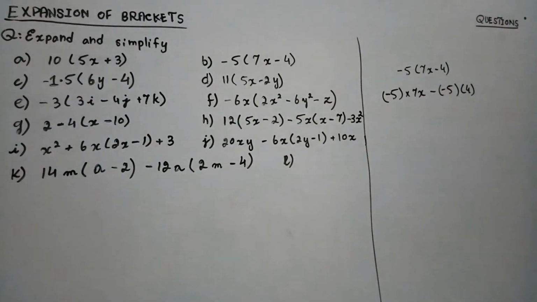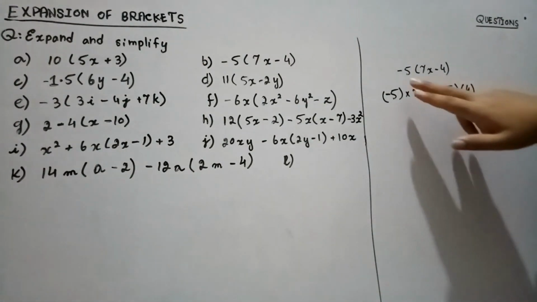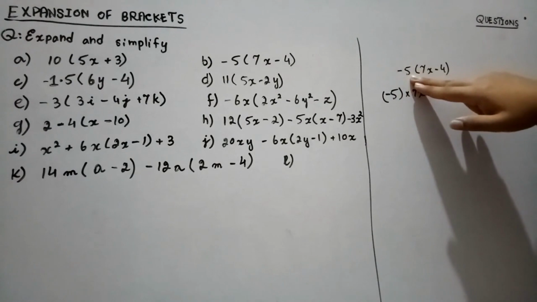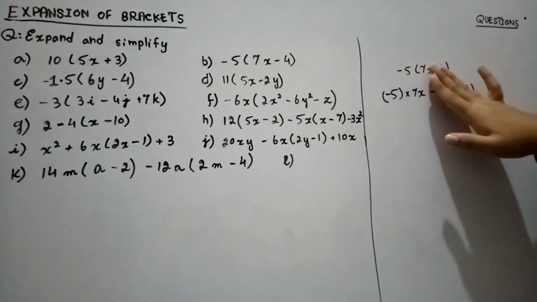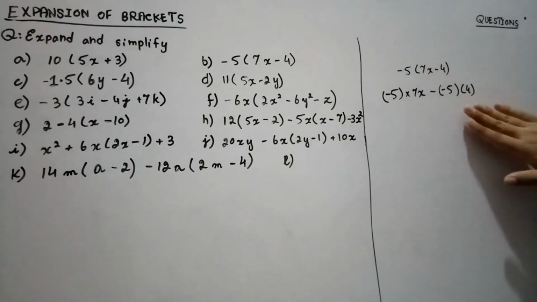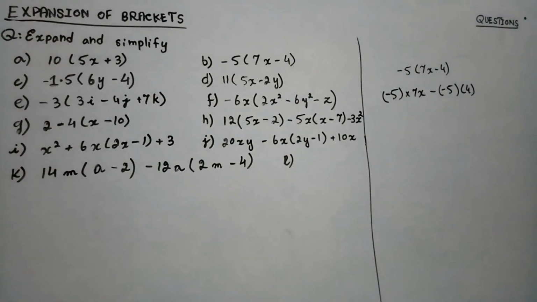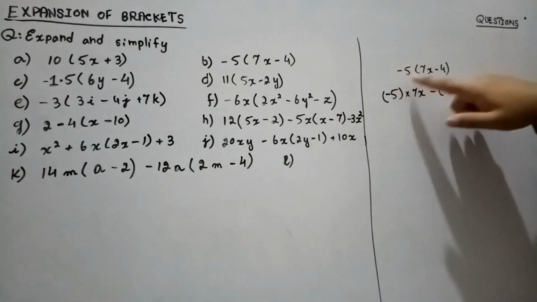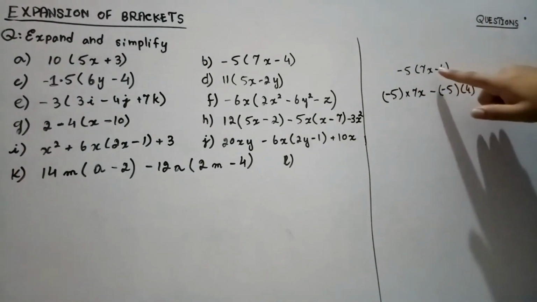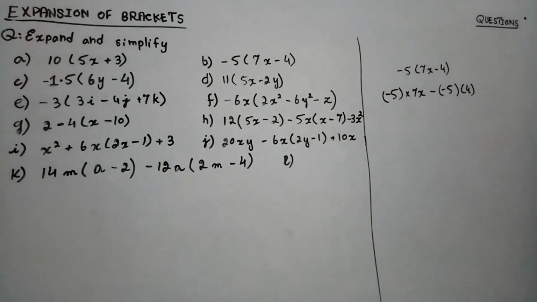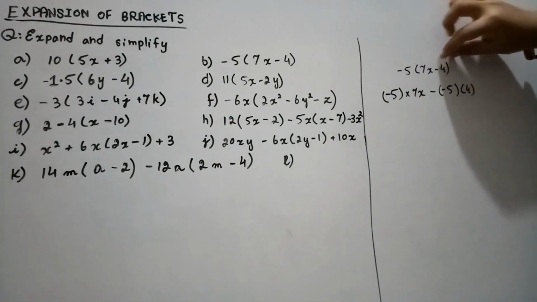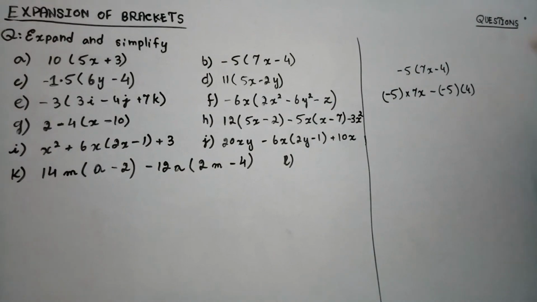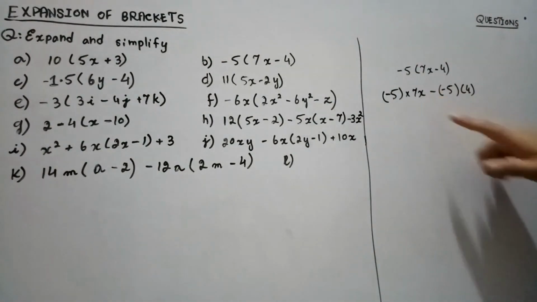You can understand it this way: if I write this minus sign as it is, and minus 5 is only going to multiply by 4, you will get the same result. Or we can say this minus sign is going to multiply by negative 4, but in that case I will write a positive sign.